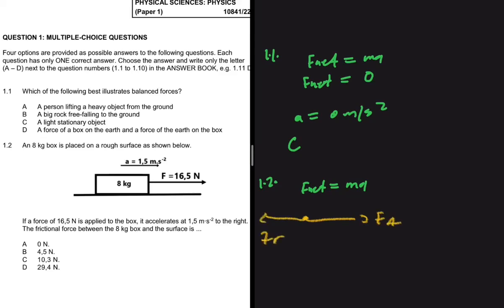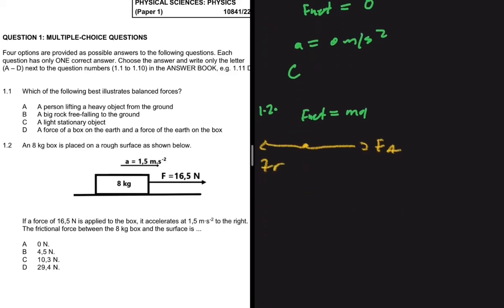So if we substitute that into F net, we're going to say force applied minus frictional force is equal to MA. The force that is pulling the object minus all the forces that are opposing the motion. So that is 16.5 minus frictional force, which is equal to the mass, 8 kg, multiplied by the acceleration, 1.5.